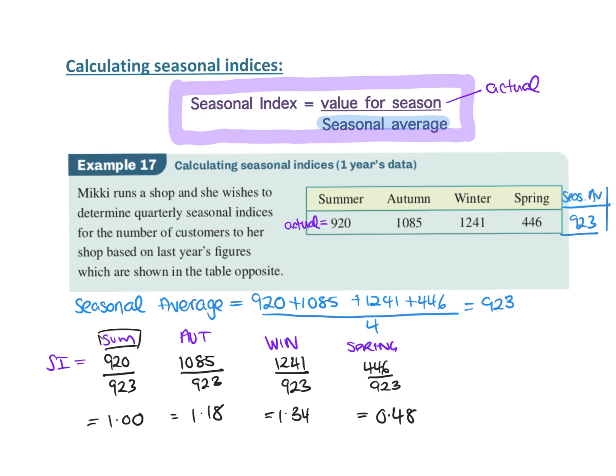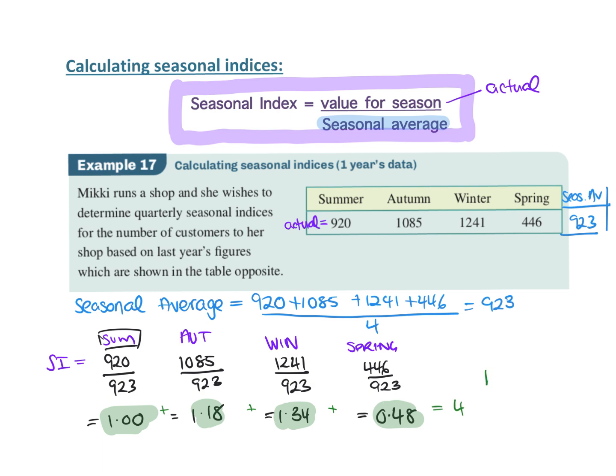Now, because I have 4 seasons, if I add up all those seasonal indices, you get 4.